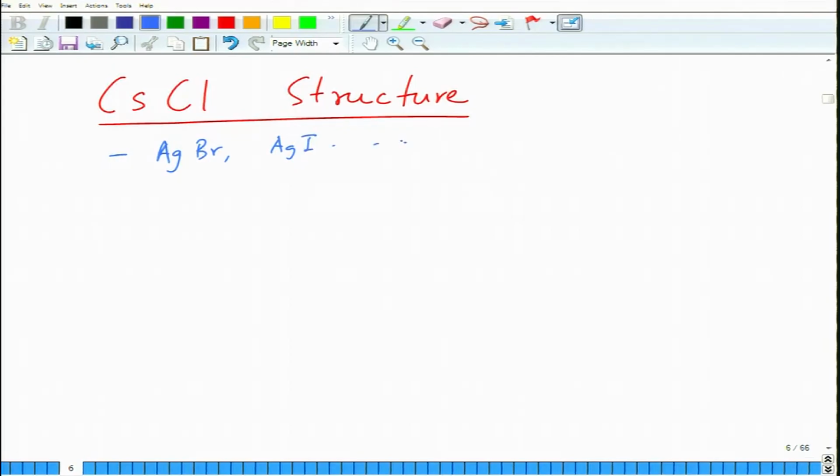It's an AB stoichiometry, or MX, where M to X is 1:1, which means both the ions will have similar coordination. These materials also turn into rock salt structure at higher pressures, but at lower pressures they remain as the cesium chloride structure. A lot of halides, bromides, iodides, chlorides of larger ions, which require larger coordination, adopt this structure.